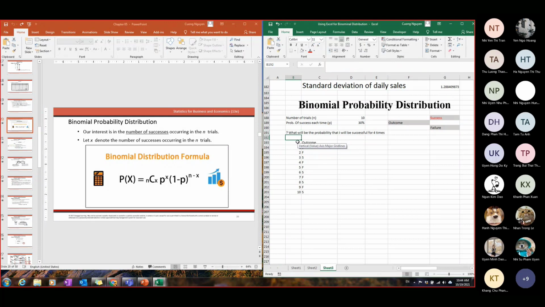So in 10 times that I shoot my arrow, I want to see what the probability is that I can be successful 4 times, okay? So the outcome, one more time I want to ask you. The outcome about the number of successful times will be what?